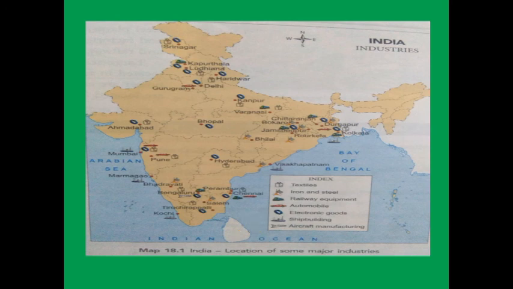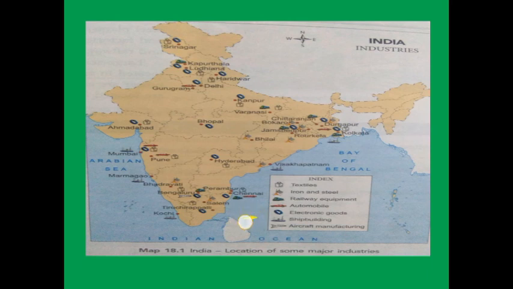Next is automobiles. Car, symbol is car. Automobile industries in India are in Chennai. You can see Chennai.